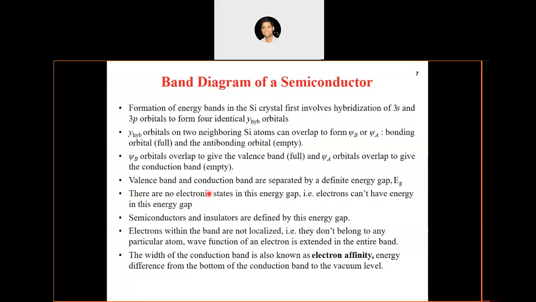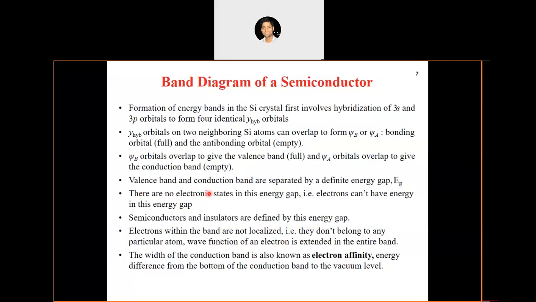Because you can imagine, if this band gap is very high, then at any finite temperature, for any amount of kT energy, there will be a negligible number of electrons in the conduction band. If that is the scenario, then that material is an insulator, right? Like alumina is an insulator, because in those kinds of materials the band gap is very, very high.